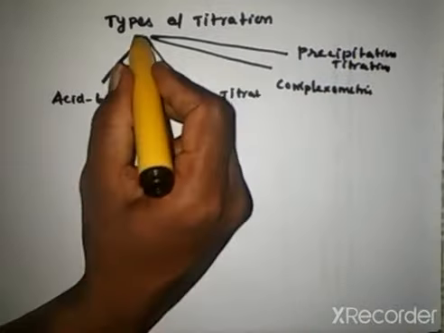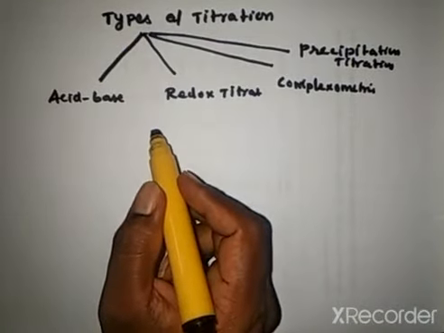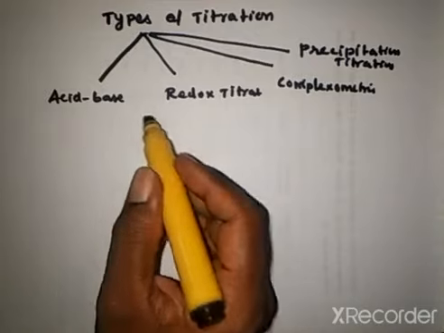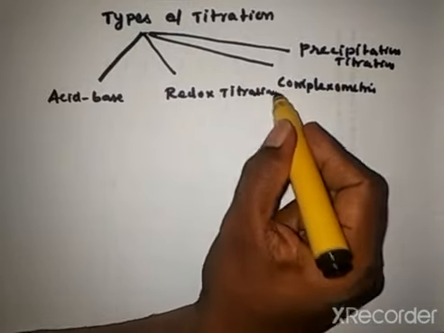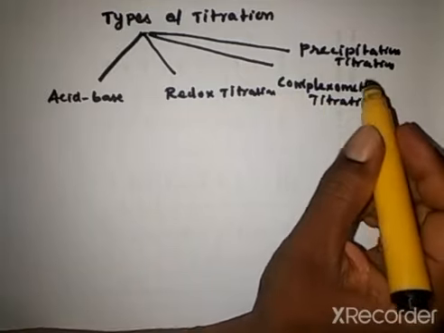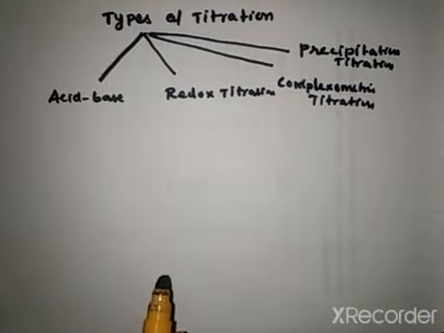So these are the four types of titrations in the analysis: acid base titration, redox titration, complexometric titration, and precipitation titration.